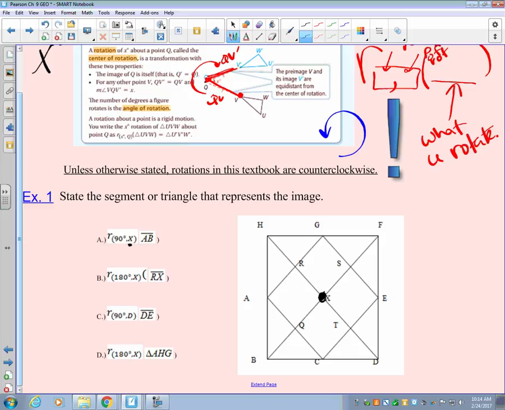We're going to go 90 degrees counterclockwise, and we're going to take the line AB.